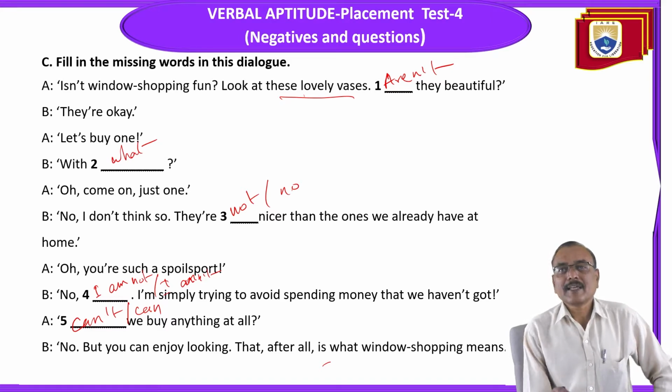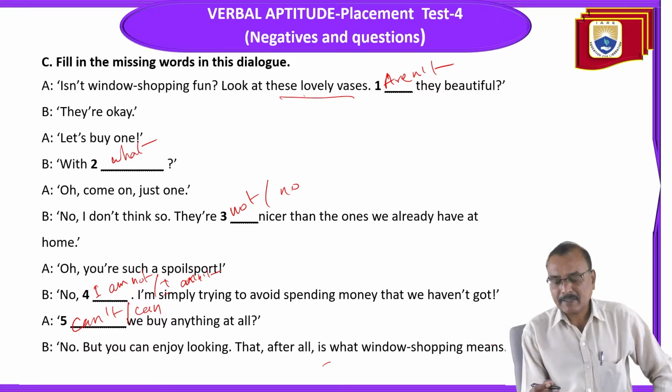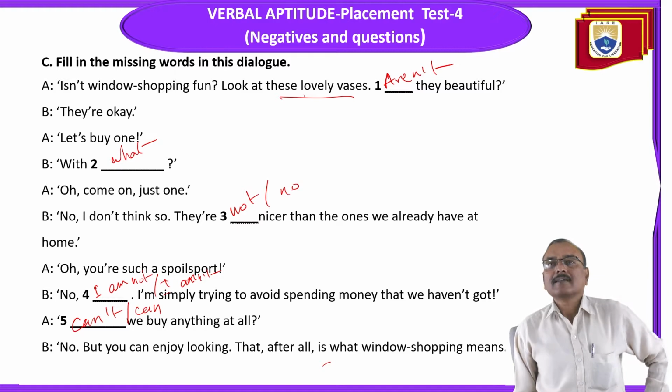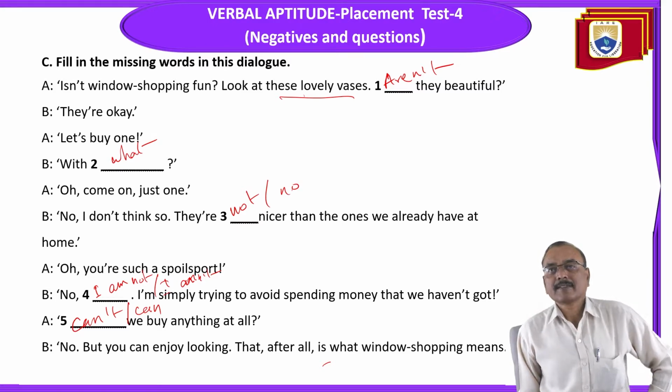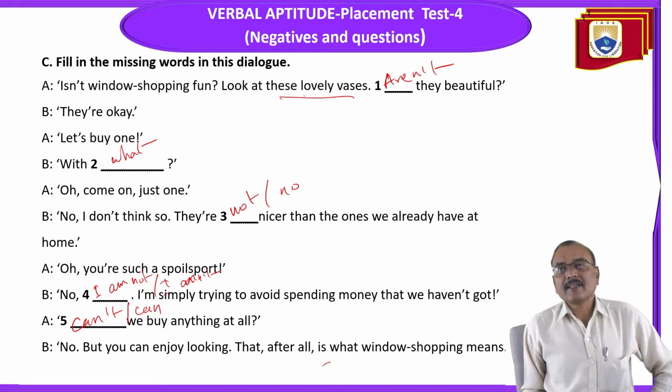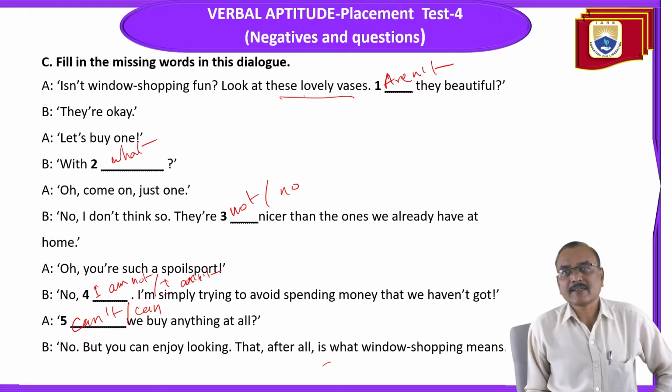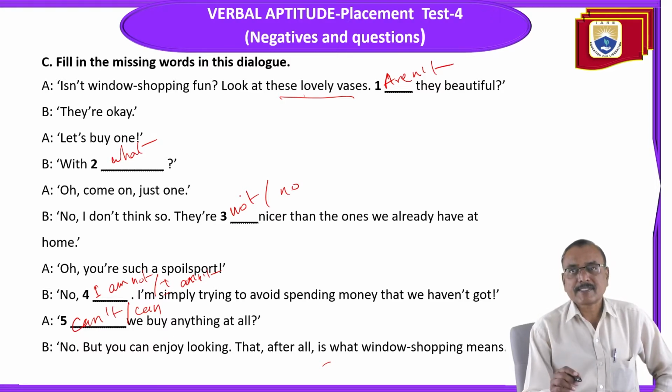No. But you can enjoy looking. That after all is what window shopping means. Is it clear? See, check it here. Aren't they beautiful? Yes. They are not nicer than, they are no nicer than. Not is preferable first.